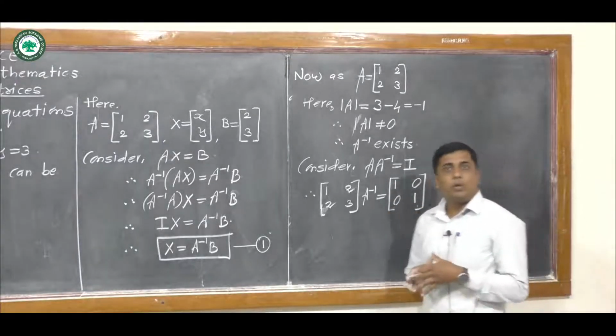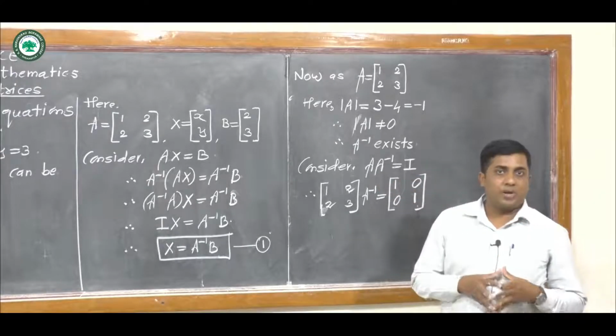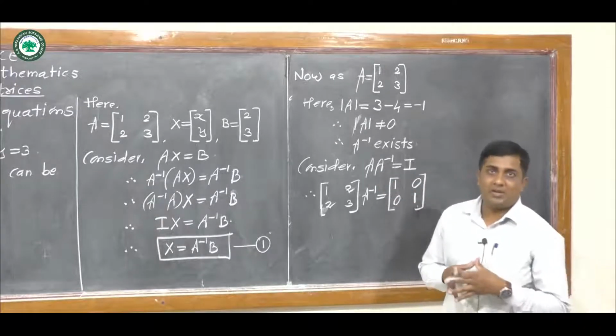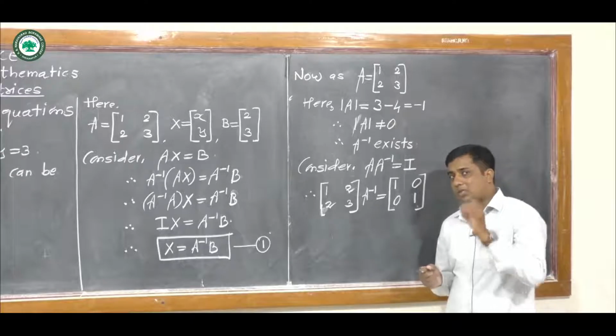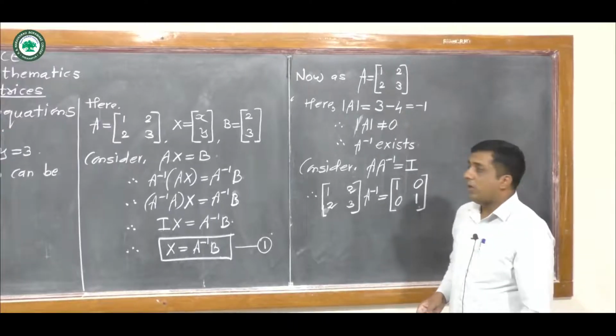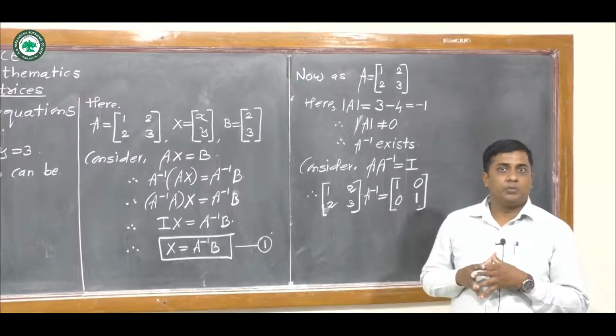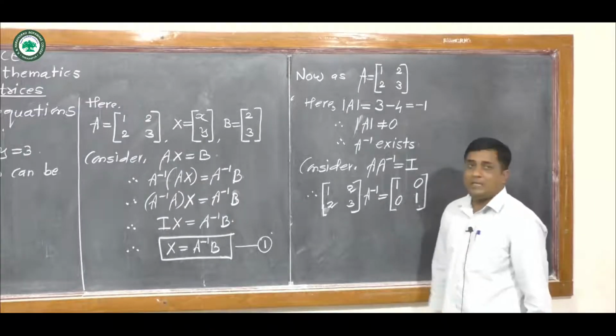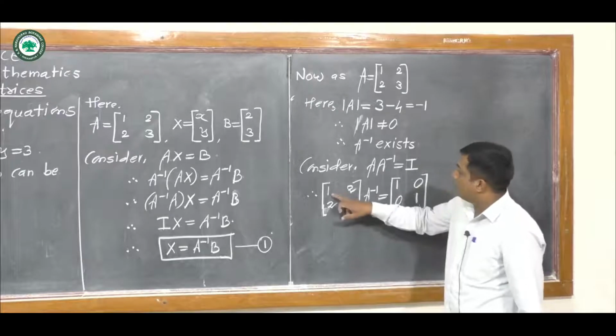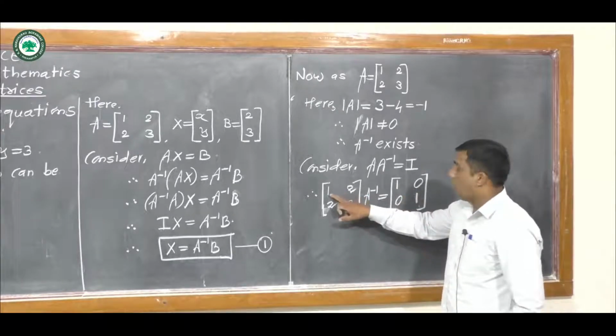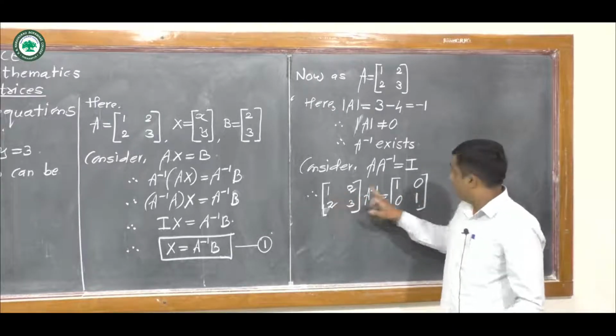Now everyone knows the row transformation, or the elementary transformation. If we have to use row transformation, we have to perform a series of row transformations. Firstly, we want 1 in the position of A1,1, and we already have 1.